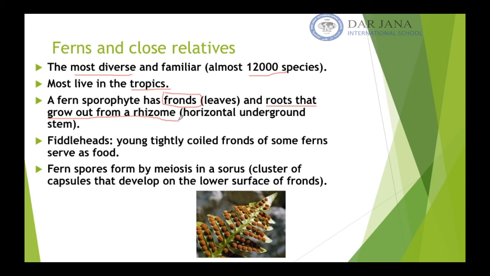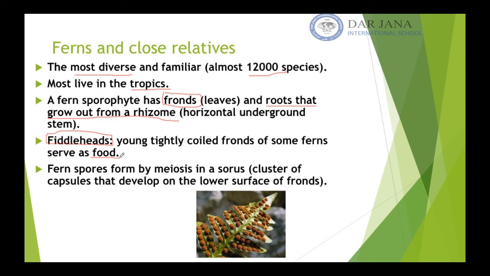So rhizomes are horizontal stems, and roots grow down from the rhizome. When the fronds are little, when they're still young, we call them fiddleheads, and this is served as a gourmet treat. It's a kind of food.